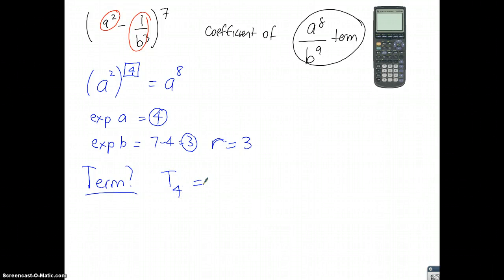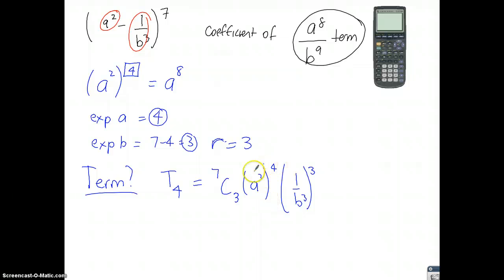And then it's a matter of using our formula. We have nCr, so we've got 7 choose 3, a squared to the power of 4, 1 over b cubed to the power of 3. Now, are we going to get any coefficients from this here?